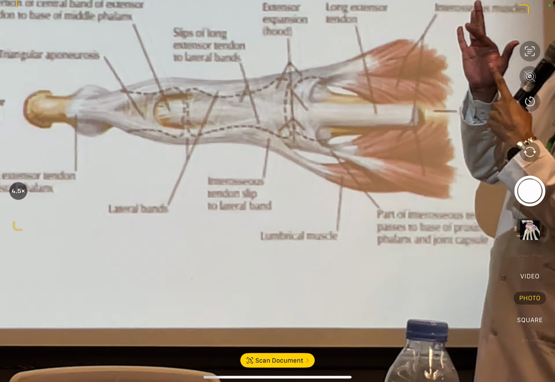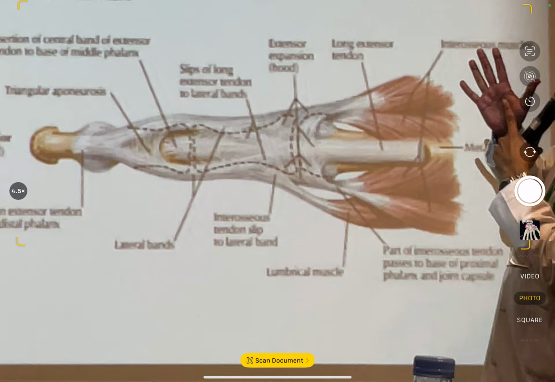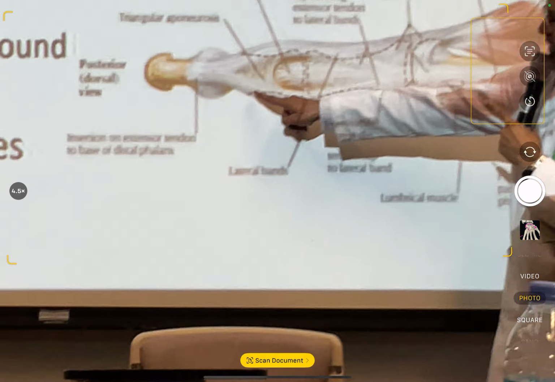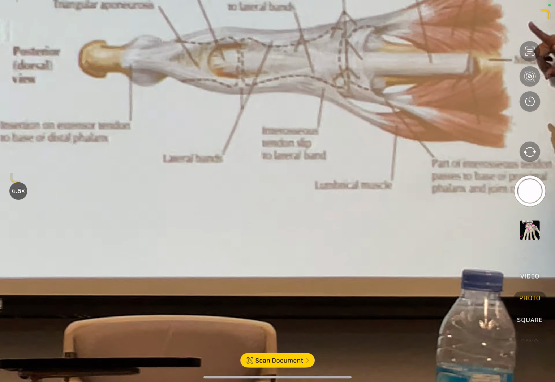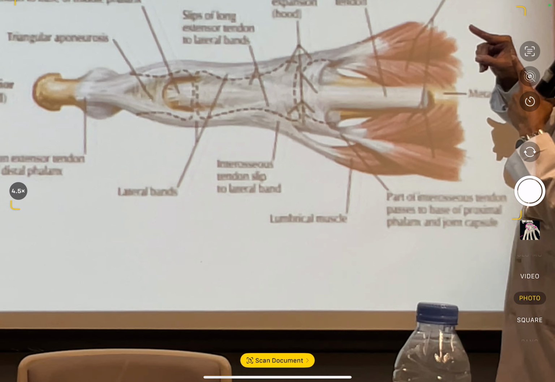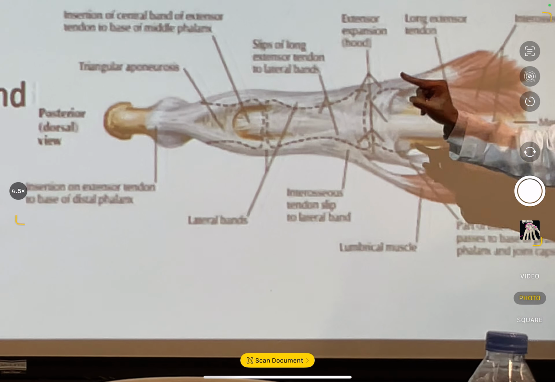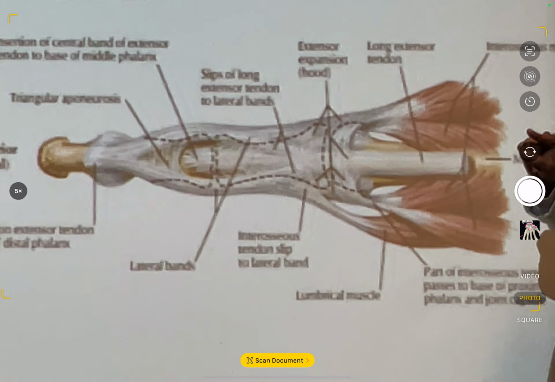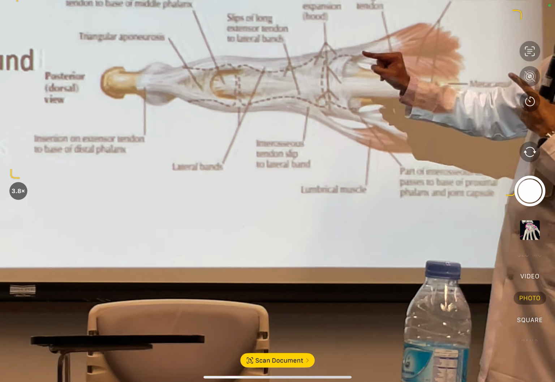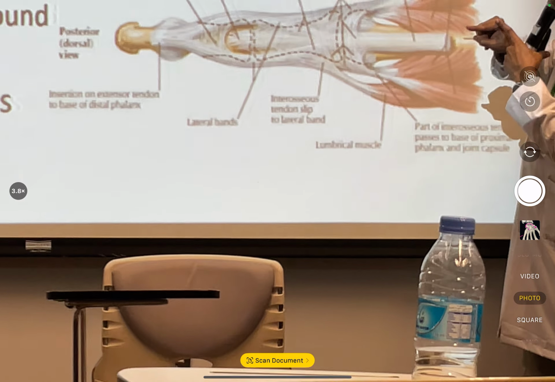So flexion will be here, but the same lumbricals and interossei, when they pull the lateral, this rope, what will happen to the proximal and distal interphalangeal joint? They will extend. So the actual picture will be like this, right? Extension of the proximal interphalangeal joint, extension of the distal interphalangeal joint, and flexion of the metacarpophalangeal joint.